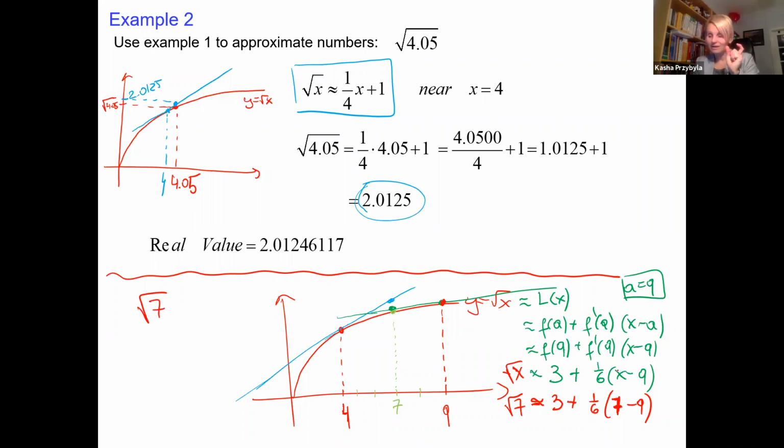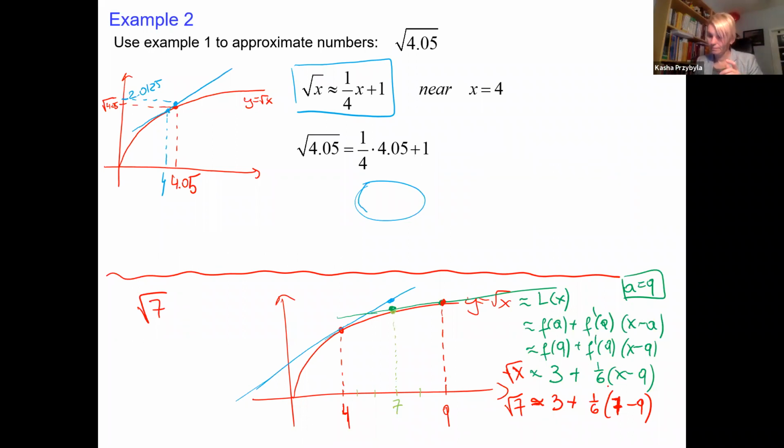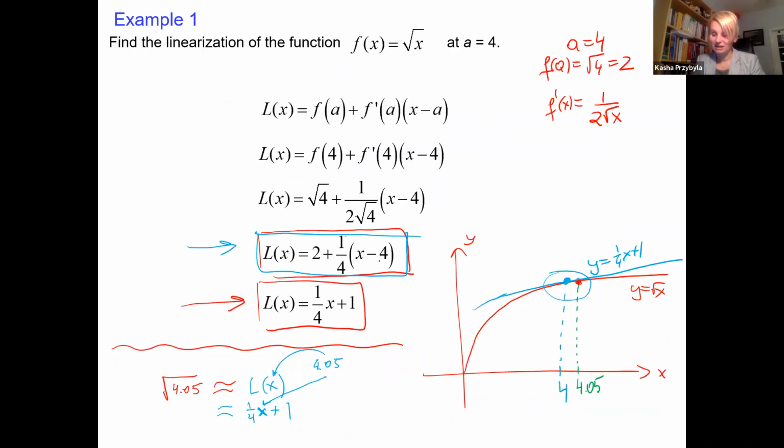The part x minus a, x minus 9 in this case, shows me how far away I'm going from the point of tangency. For example, if we have the tangent line at 4 and approximate 4.05, I can put 4.05 minus 4. That means I'm going 0.05 units away. The form is just nice.